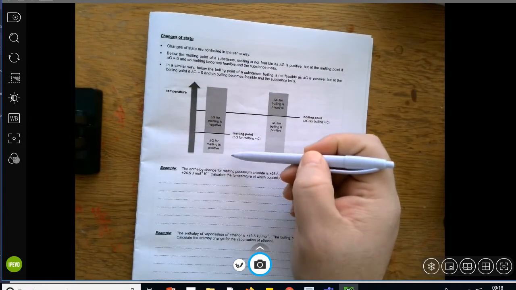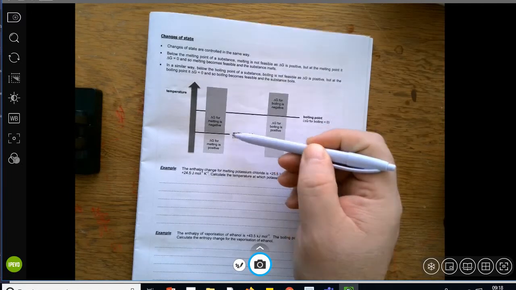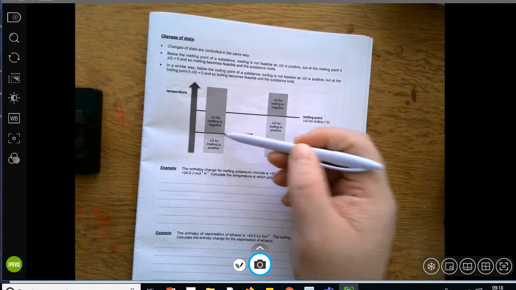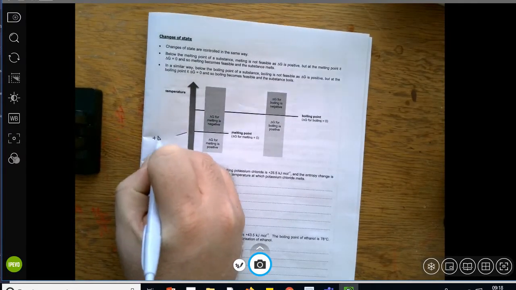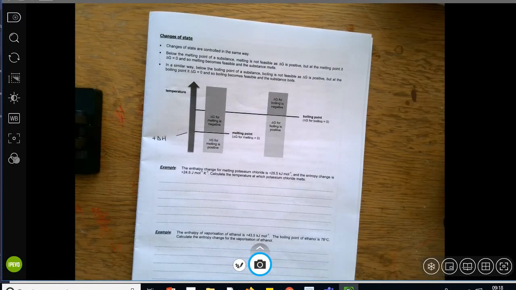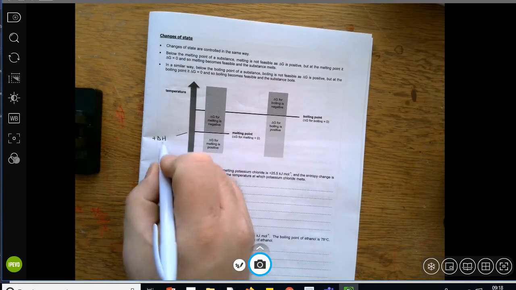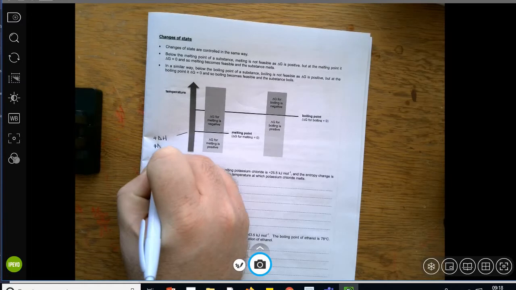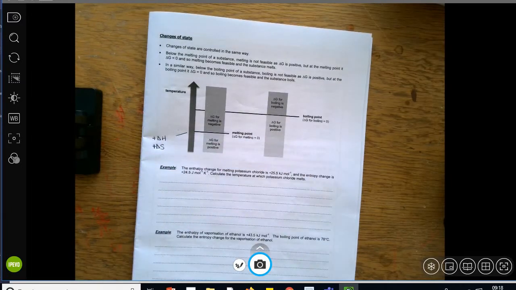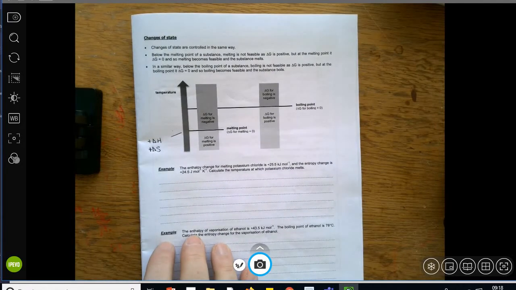So up until here, because we have to put energy in to make it melt, we've got a positive delta H because melting is endothermic. We are changing from a solid, which is very organized, very structured, very little movement, so the delta S for that is very low.